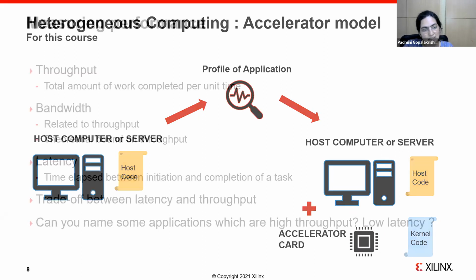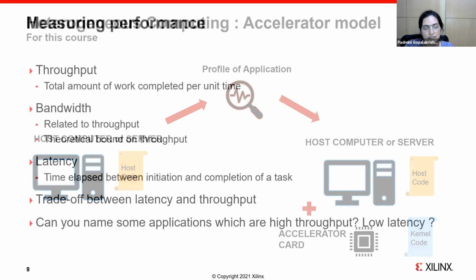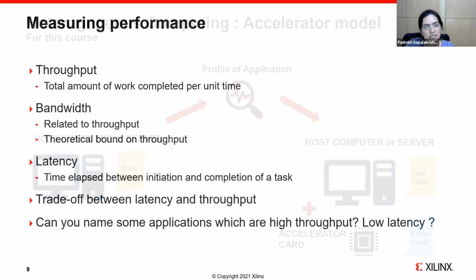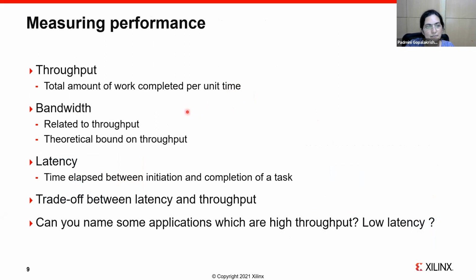So let's just quickly brush through how we would measure performance on these systems. A generic definition of throughput is the total amount of work that is completed per unit time. An example of how you measure throughput would be frames per second when you look at an image processing pipeline or video analytics, or images per second if you look at image classification or image recognition.